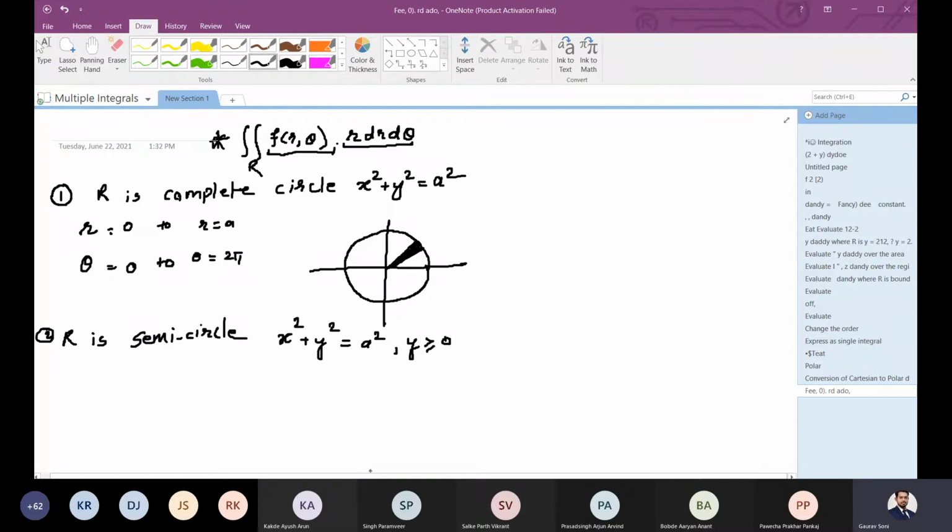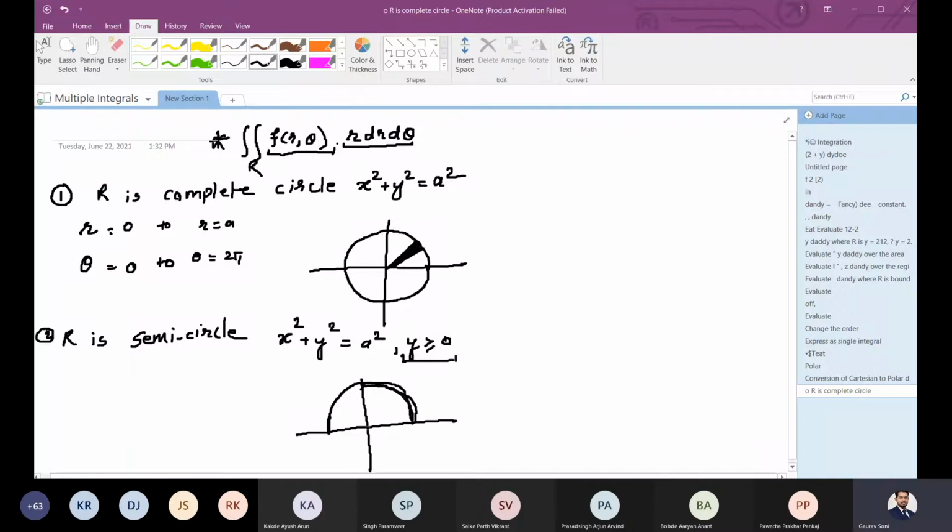So x square plus y square equal to a square is again a circle, but with that there is another condition, y greater than or equal to 0. So in the above quadrants, y is going to be greater than or equal to 0.